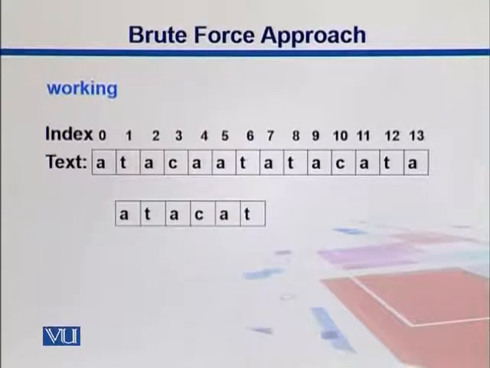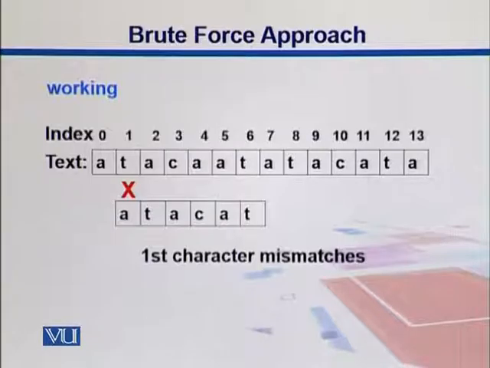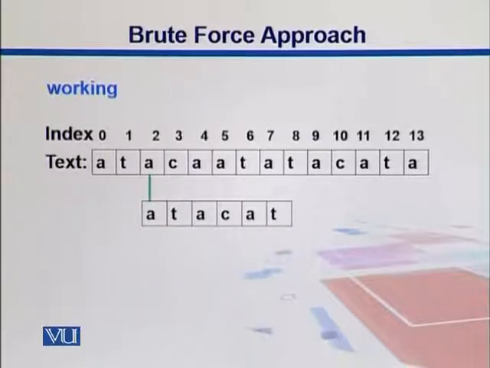So we move one character towards the right, and now the first character mismatches. We move further till the first character of the pattern matches the 3rd of the text. That is actually index number 2, since our loop is starting with 0. So please keep track of it.